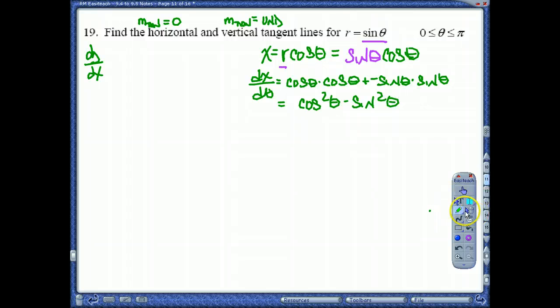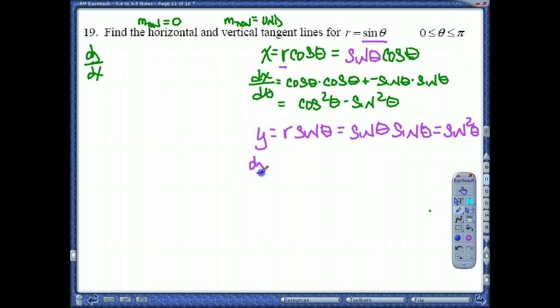Then I can do that same concept with y. Y is equal to r sine of theta. So that r, I'm going to substitute that out with sine. So that gives me sine sine. Ooh, well this is nice because that's just sine squared. So now instead of using a product rule, I can use a chain rule.